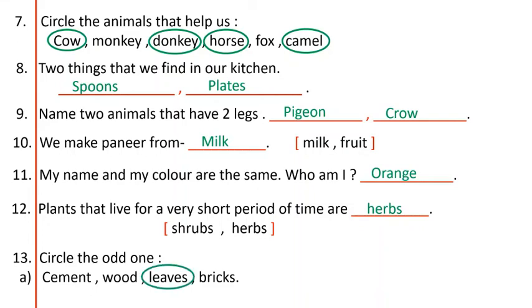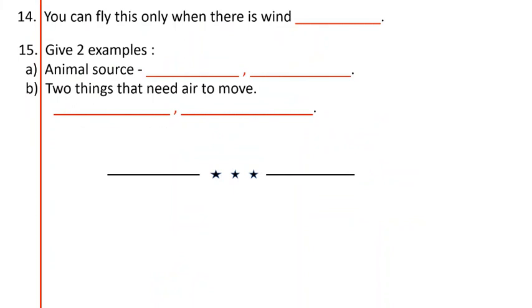It is leaves. Very good. Next, 14th question. You can fly this only when there is wind. Think, children. You can fly this only when there is wind. Yes, you're right. This is a kite. Very good. Now, last question.